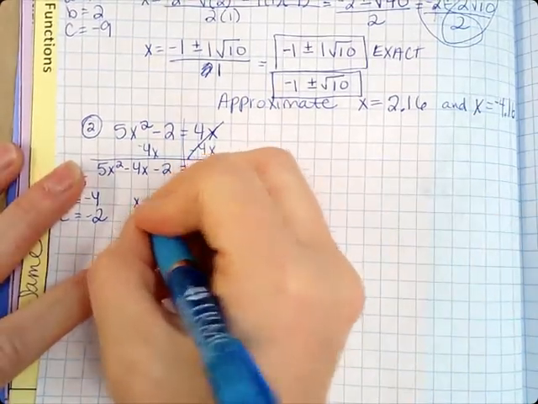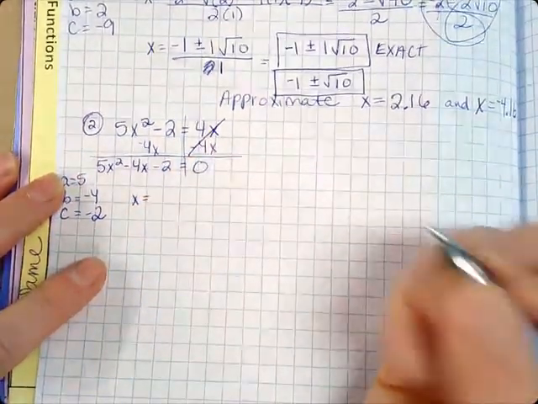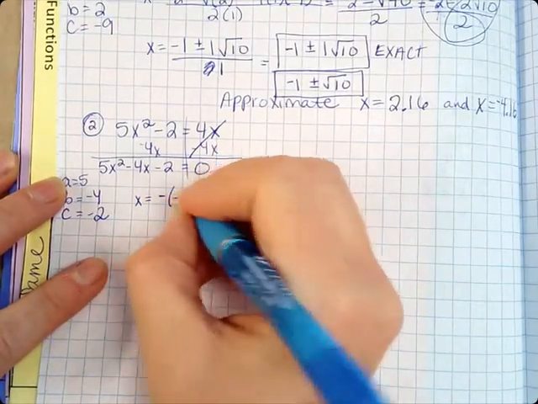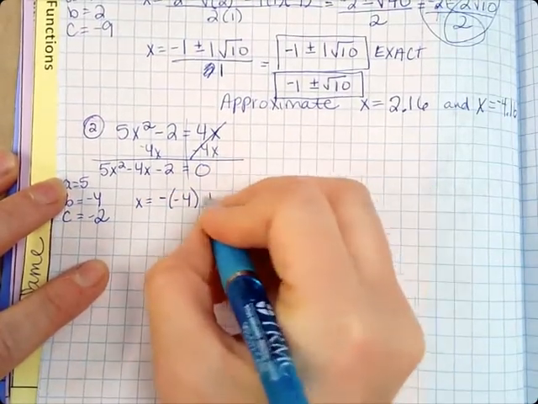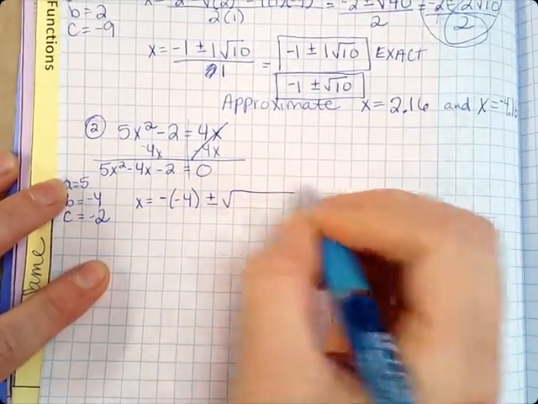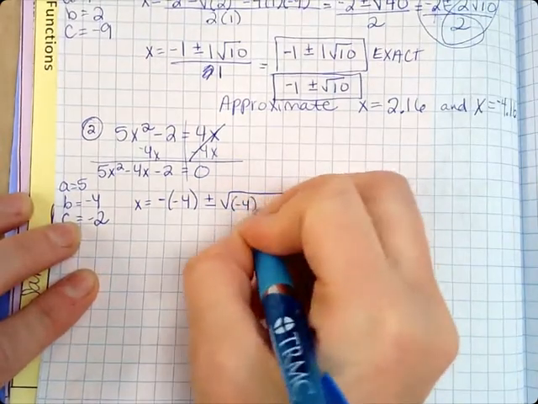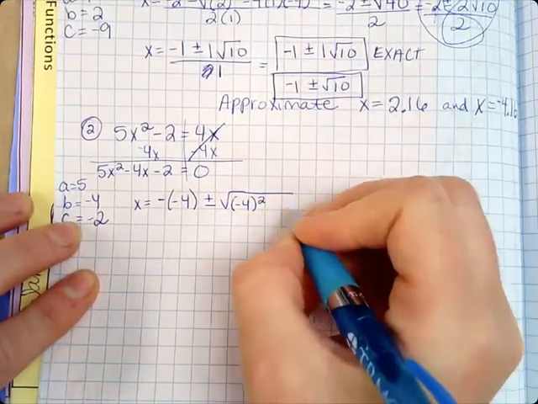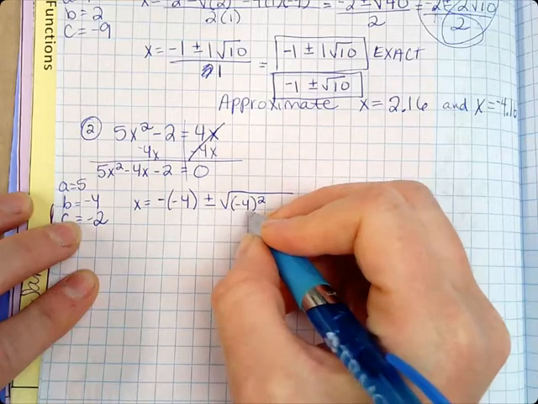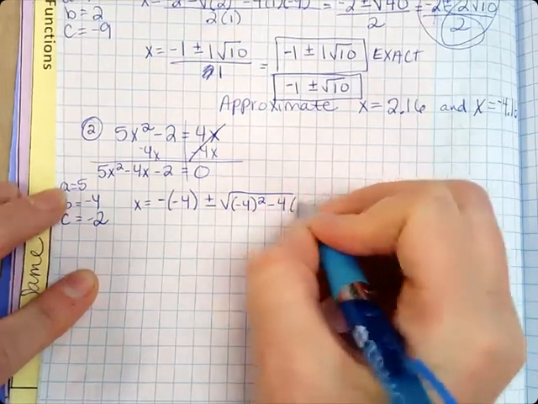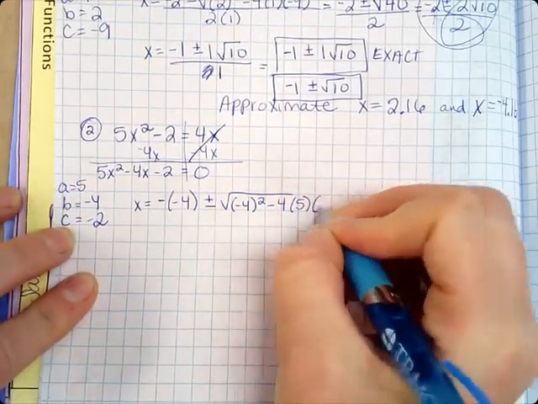So x equals negative b, so it's negative 4, plus or minus the square root of negative 4 squared. It's b squared minus 4 times a times c.